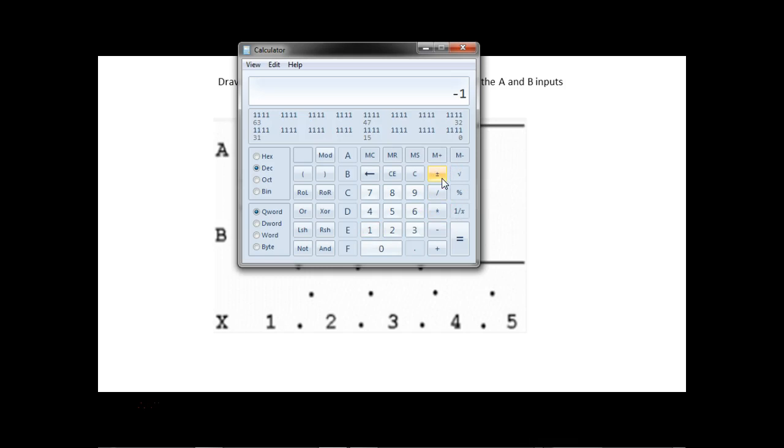And then I'm going to convert that to binary. Of course, it's already got it down there for me. That's negative 1. Can y'all see that? It's all what? It's all ones. And if I take that and swap it back to decimal, it says it's negative 1. Interesting.